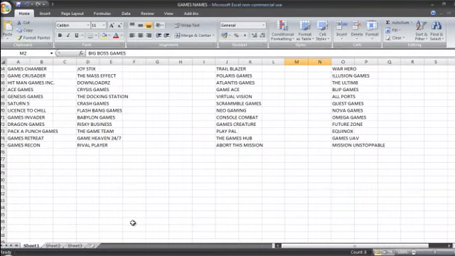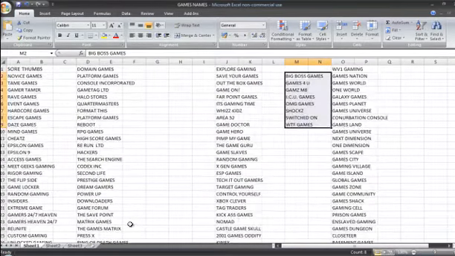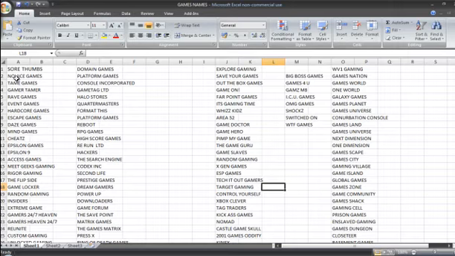Okay, so what I did was I typed up all the names off the sheets that I've got, and I placed them into rough areas that I thought actually suited. At this point I decided that I couldn't categorise them, I couldn't put them into things like, so prestige games clearly refers to COD, but I couldn't really put them into different categories. So the first stage I needed to do is put these in alphabetical order so it looked logical.